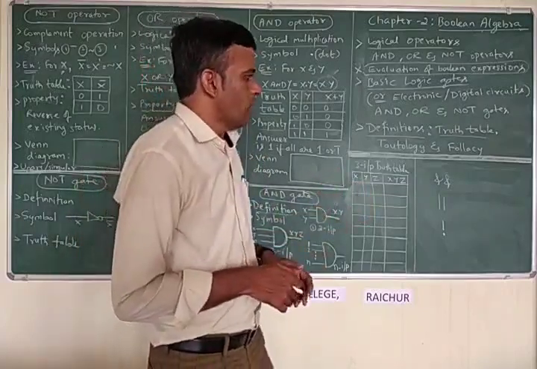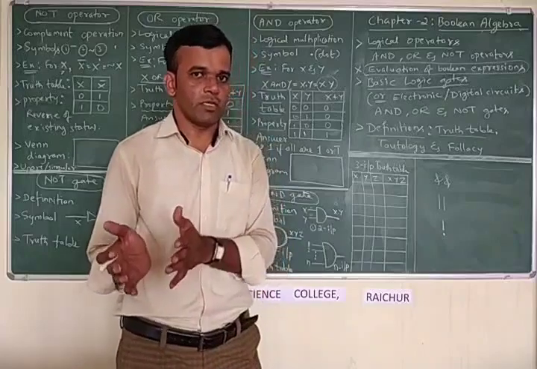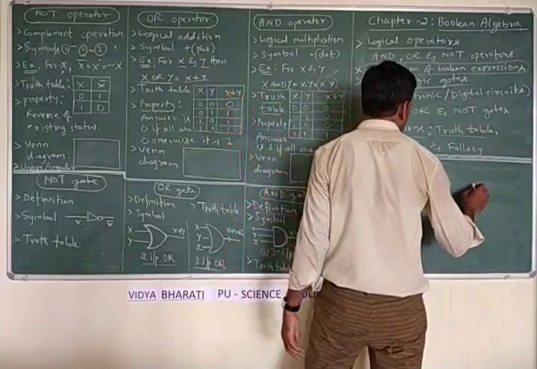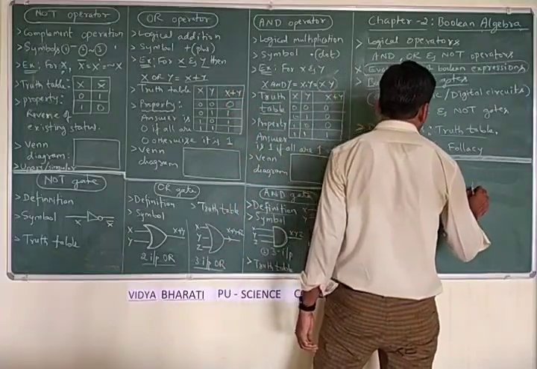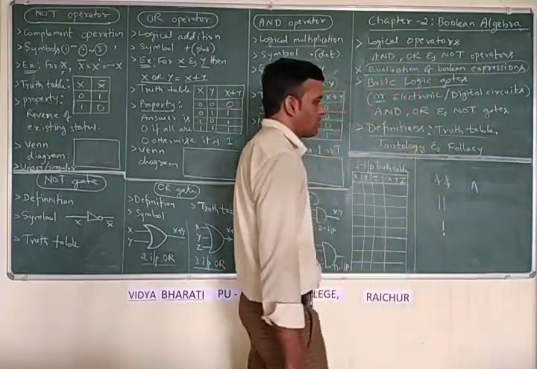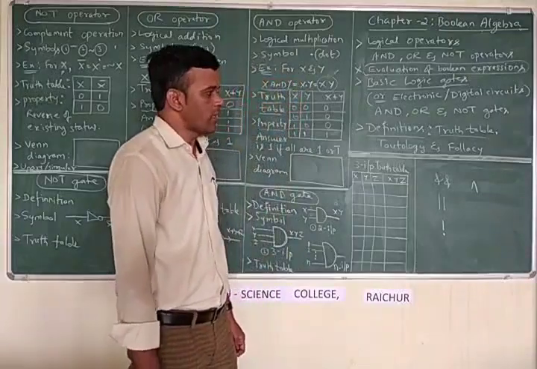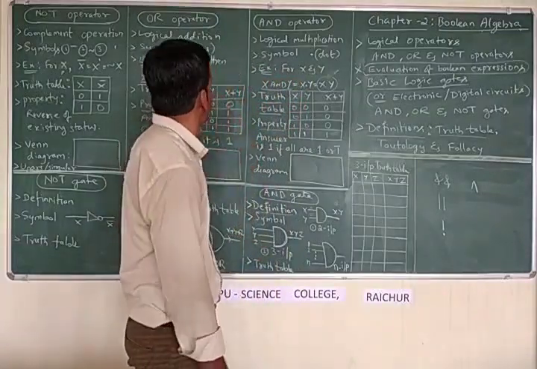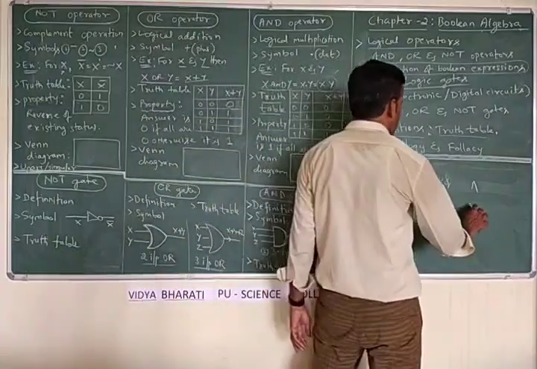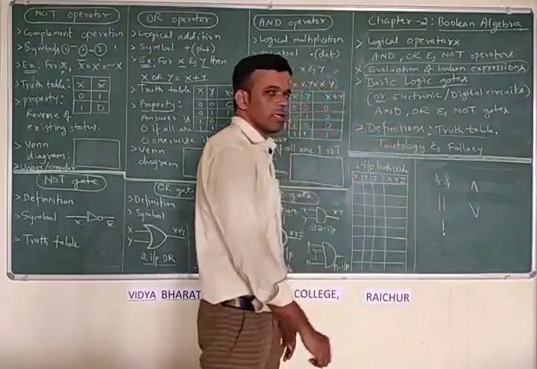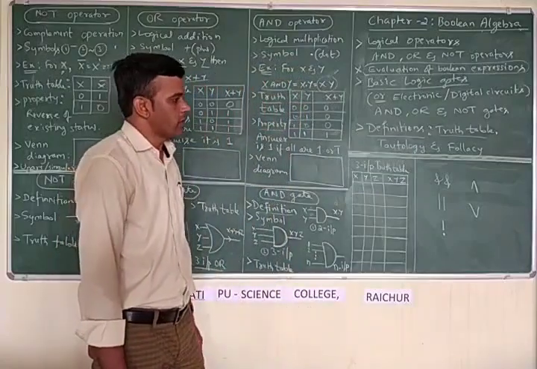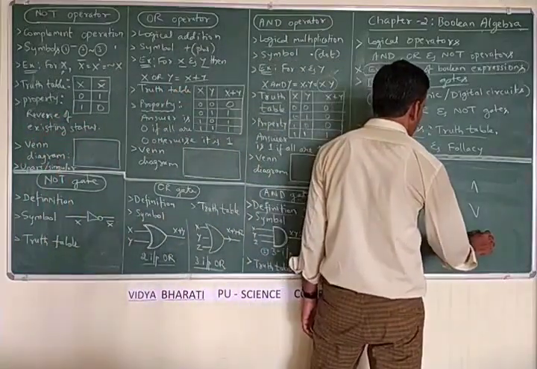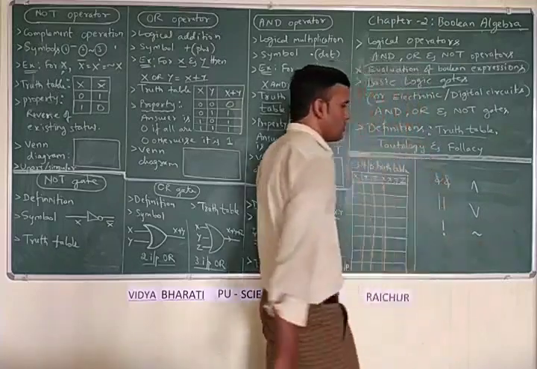But what symbols did we use in mathematics last year? For logical AND, we used this operator symbol, and we called that conjunction. For the OR operator we use this symbol, and it is called disjunction, and for the NOT operator you use this symbol, the negation symbol.